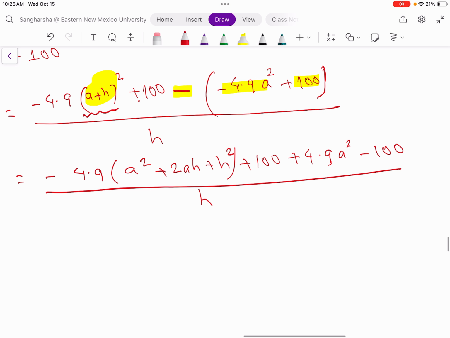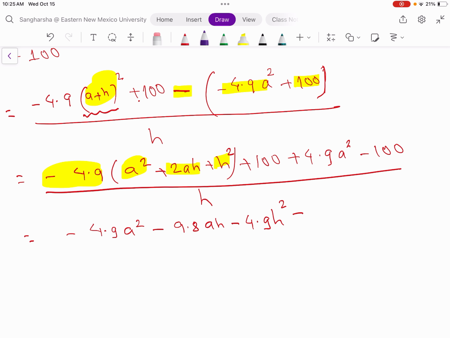Now let's distribute negative 4.9 for a squared, 2ah, and h squared. So this is negative 4.9a squared, negative 4.9 times 2, is it 9.8? 9.8ah, negative 4.9h squared.